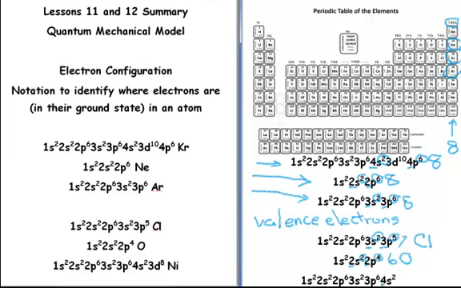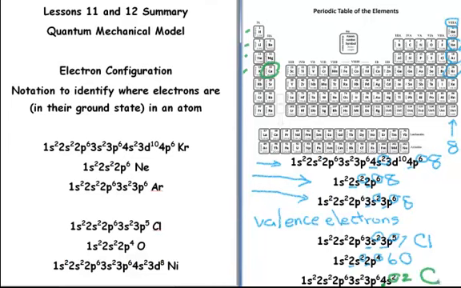This particular element has the highest energy level of 4, and it has 2 valence electrons. If we look at the periodic table and we go 1, 2, 3, 4, and then we count over to 2 electrons being placed there, we'll find out that we're talking about the element calcium.